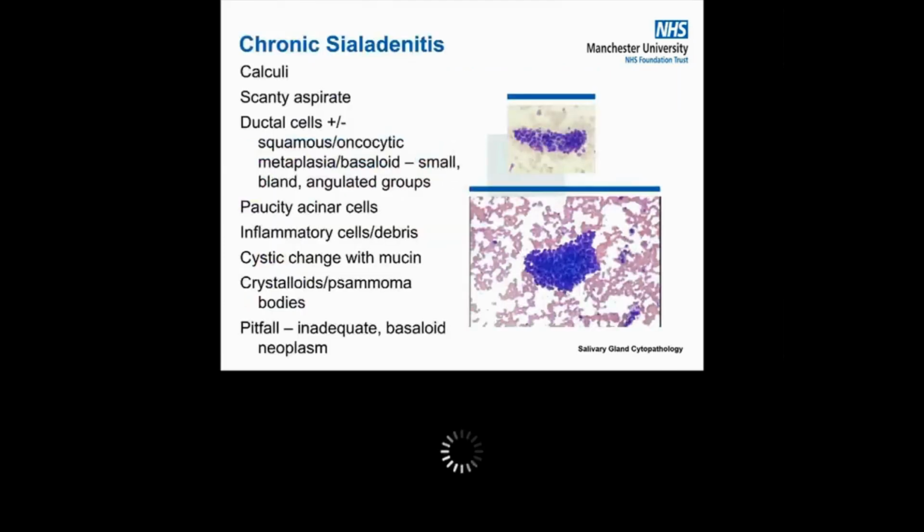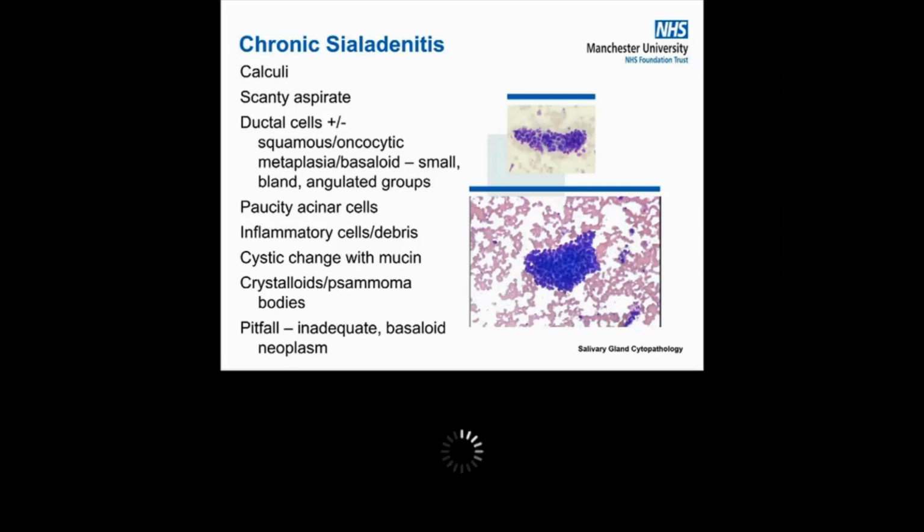First is chronic sialadenitis. This is typically a scanty aspirate and is predominantly composed of ductal epithelial cells with a paucity of acinar cells, which we would typically see in normal salivary gland sampling. The ductal cells can undergo metaplasia, which can cause problems, and there will generally be background inflammatory cells and debris.